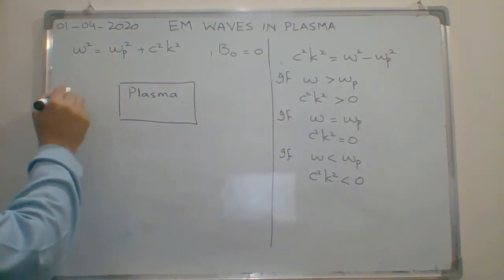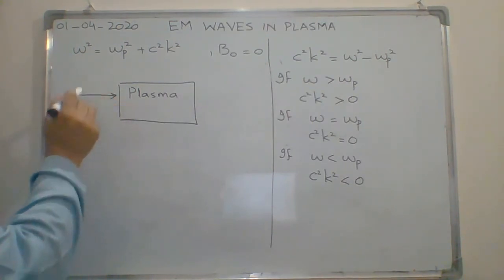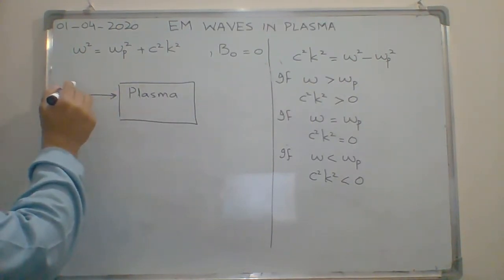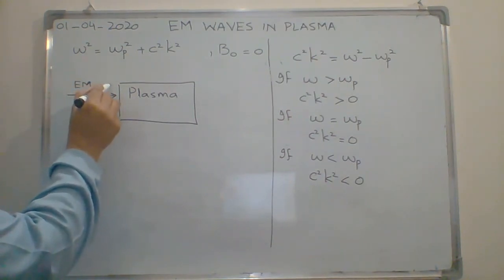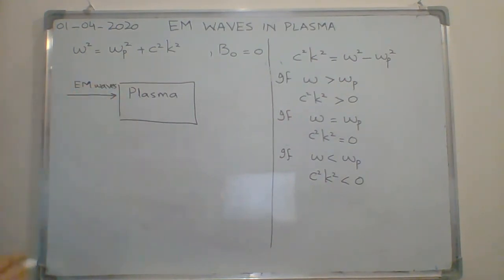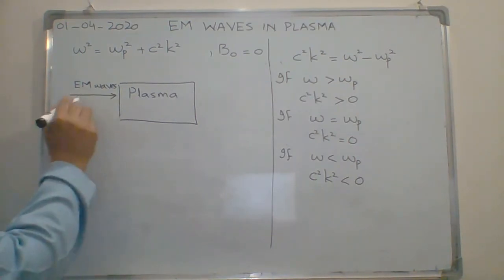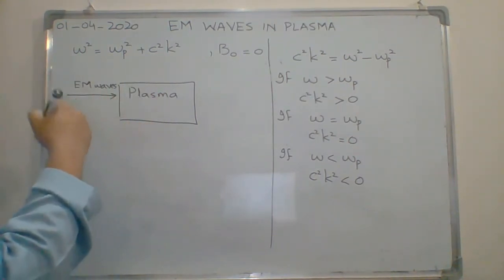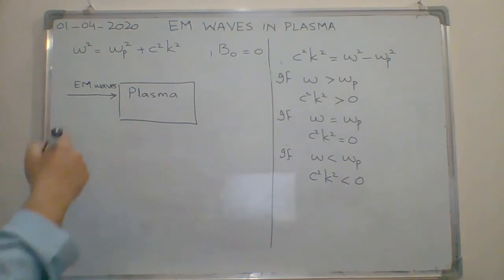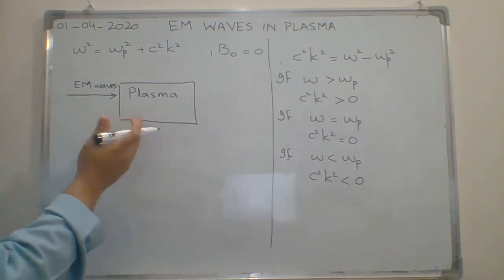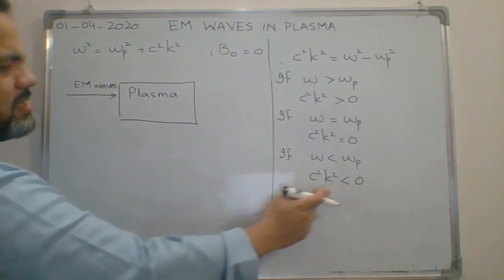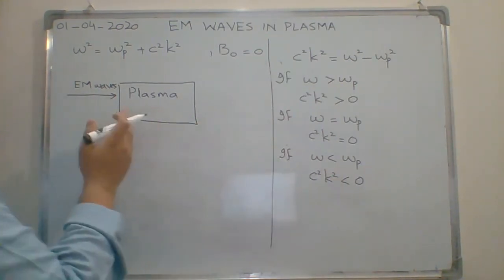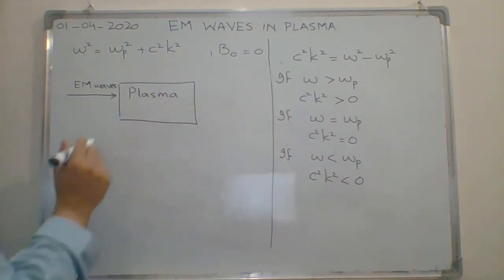We start by giving electromagnetic waves with a certain frequency to this plasma. Whether we start off with a high value or a low value, all these waves will get reflected back, because k square will be negative and no wave will propagate through the plasma.